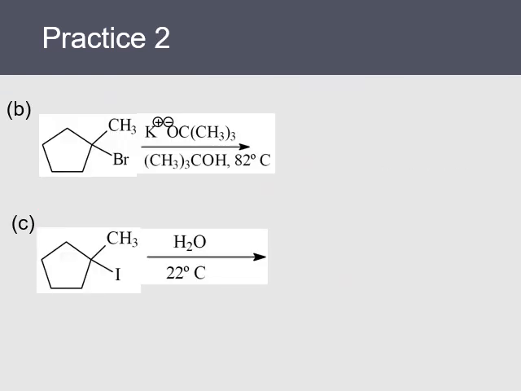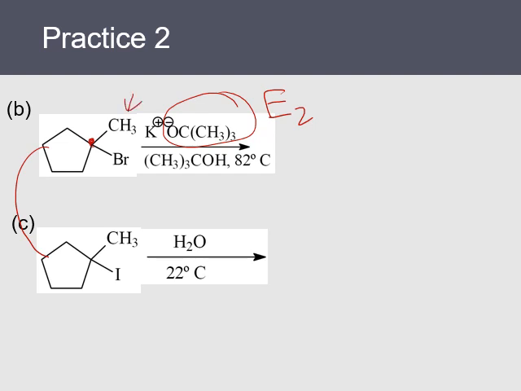In these two questions, both substrates are tertiary. The difference is the first one has a strong sterically hindered base. So this base only does E2 elimination. E2 takes a hydrogen away from the carbon adjacent to the carbon.